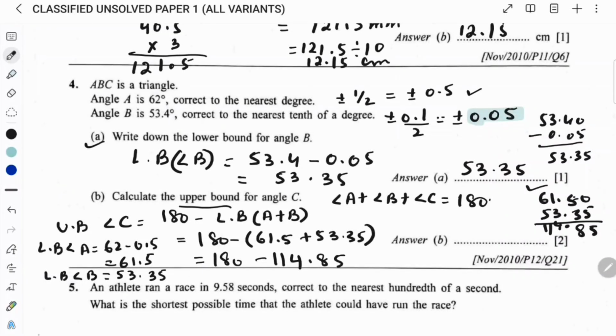Now subtract 180 minus 114.85, borrowing as we go, and that gives 65.15.